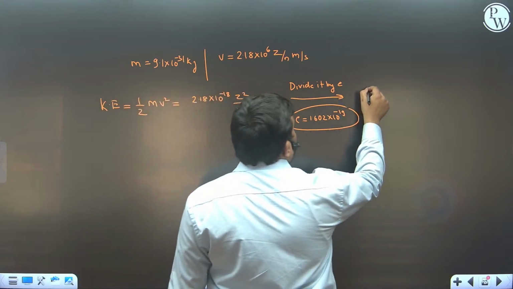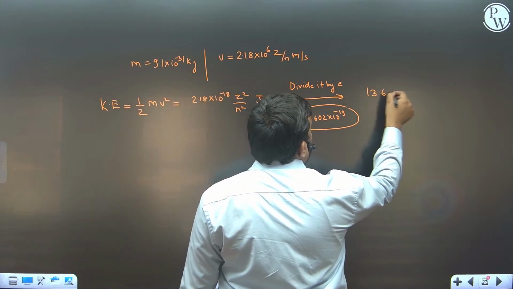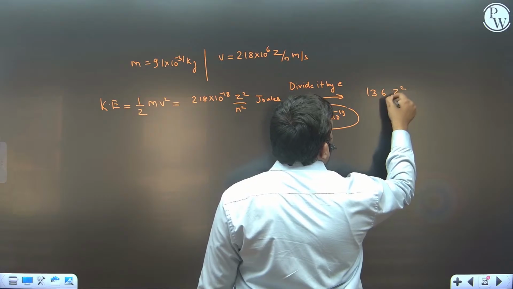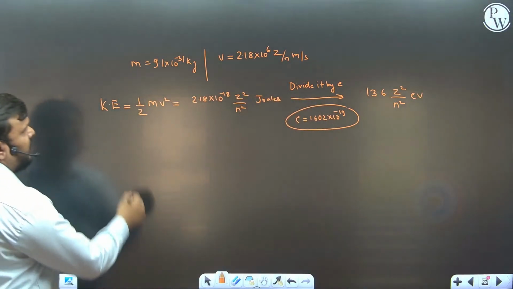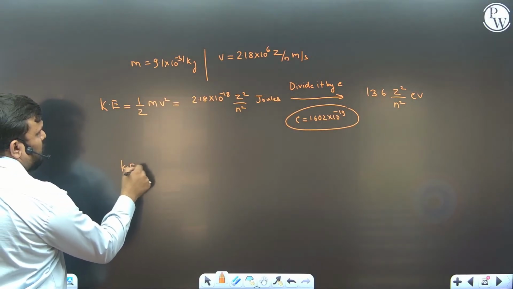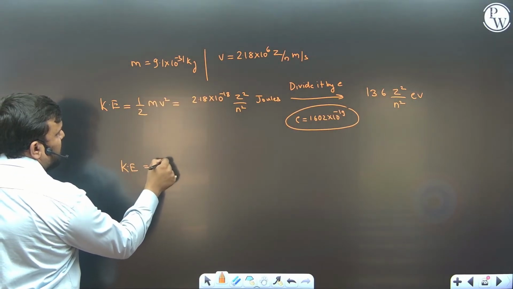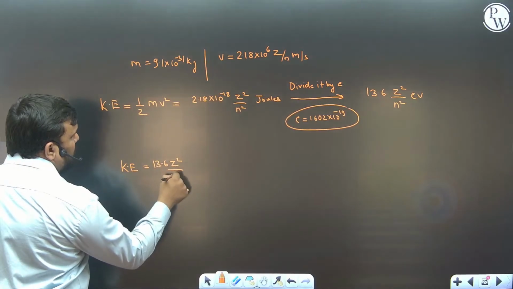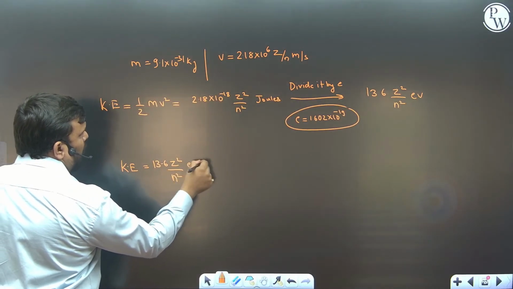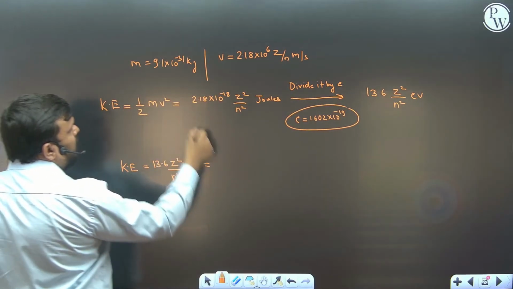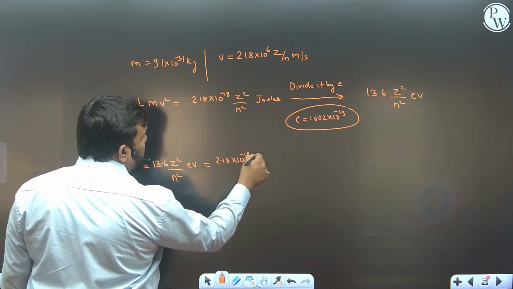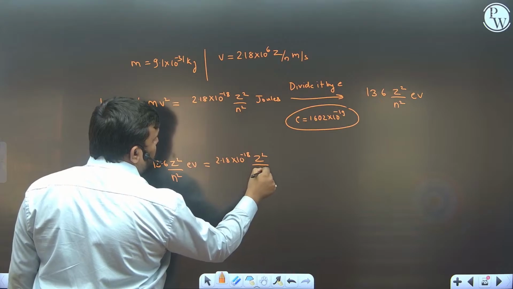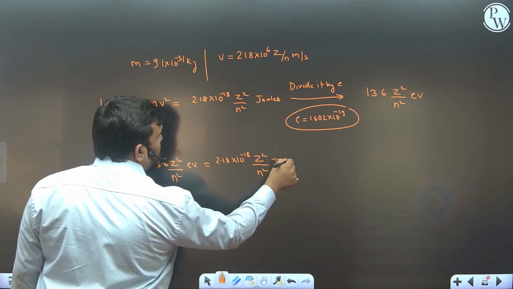It will be 13.6 into Z²/n² electron volt. So kinetic energy over here, we got it as 13.6 Z²/n² electron volt. Of course, before that we got the value 2.18 into 10 to the power minus 18 Z²/n² joules.